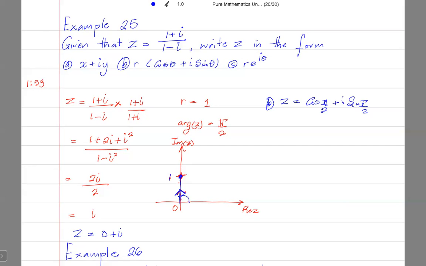So that is in polar form. And now in exponential form, z would be equal to e to the pi by 2 i. Any problems, guys?